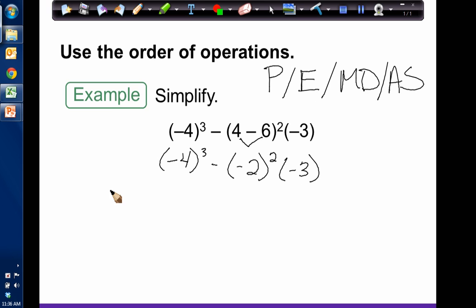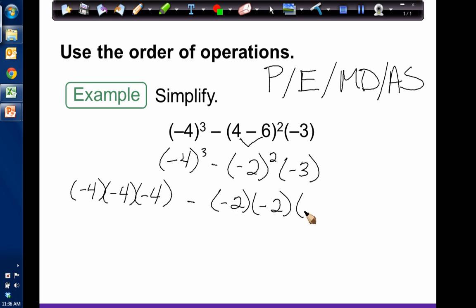I'm going to go ahead and write these out just so that we can get a good feel for what's going on. This is negative 4 cubed, so negative 4 times itself 3 times. Okay, minus negative 2 squared, so that's negative 2 times itself twice, and then we still have the times negative 3. Okay, so in here, this exponent, negative 4 cubed, the 2 negatives will cancel out, and we'll still have 1 negative left over.